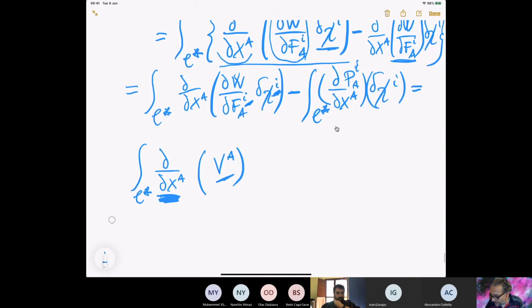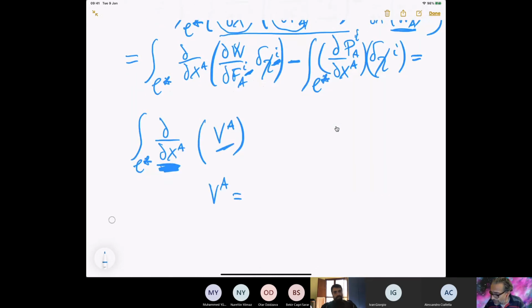So our vector V^A, the one which we consider in the application of Gauss theorem, is defined in this way. Okay. Remark how elegant is contravariant covariant notation. I'm writing formulas which are automatically correct.